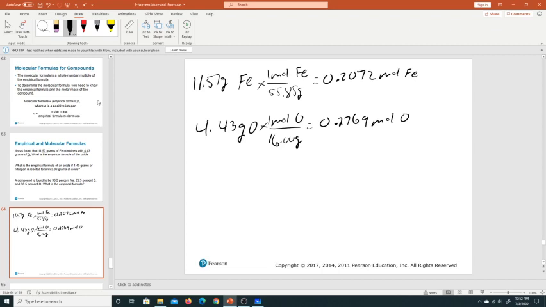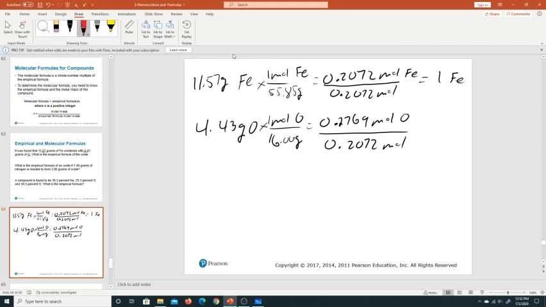Once you've done that, we're going to divide by the smallest. Compare these numbers and pick the smallest one out. 0.20 is less than 0.27, so divide both of these by the moles of iron. If you do this, we get 1 Fe.